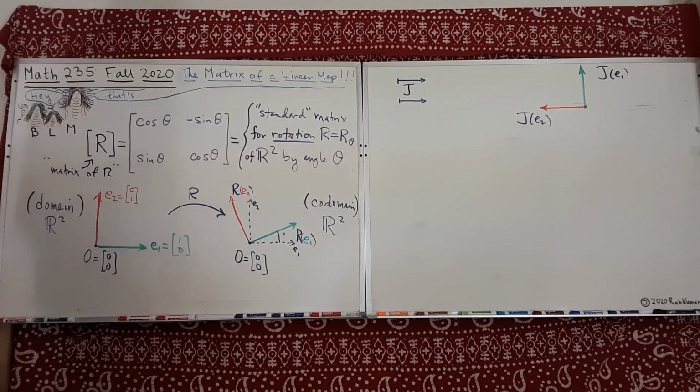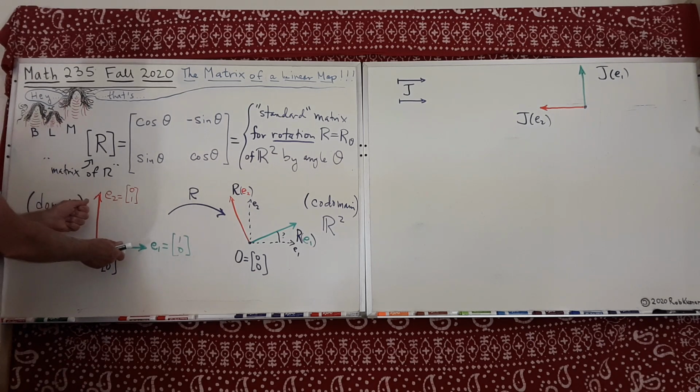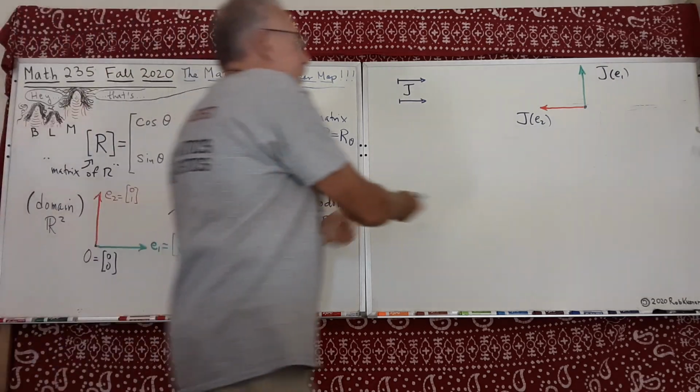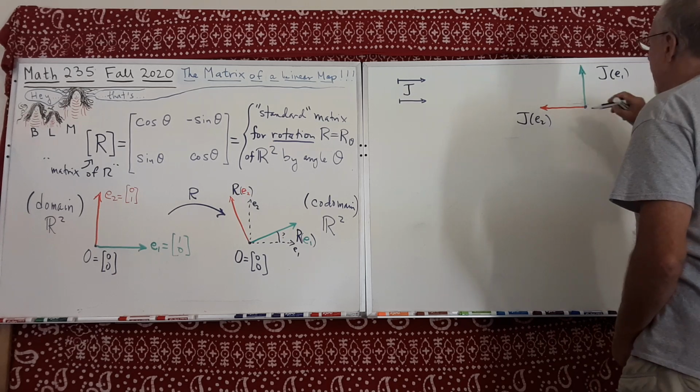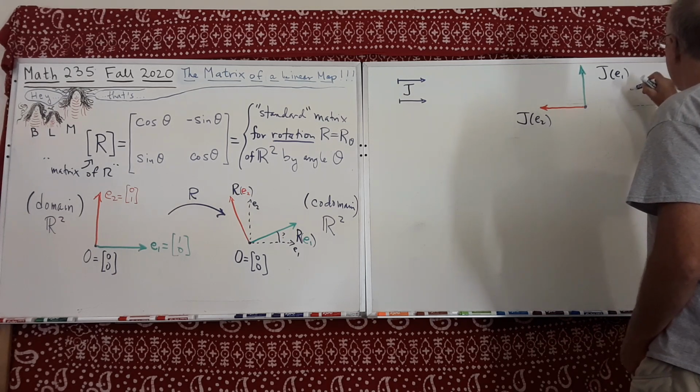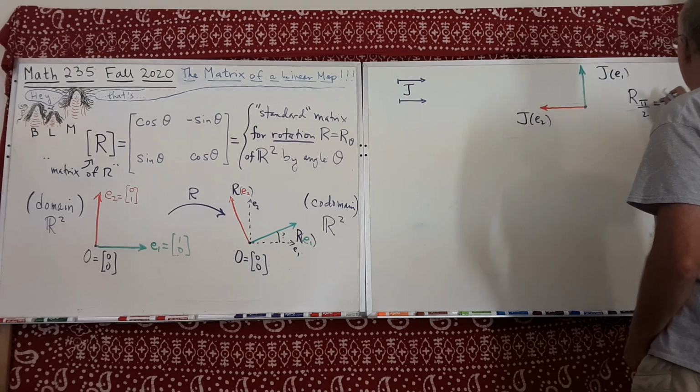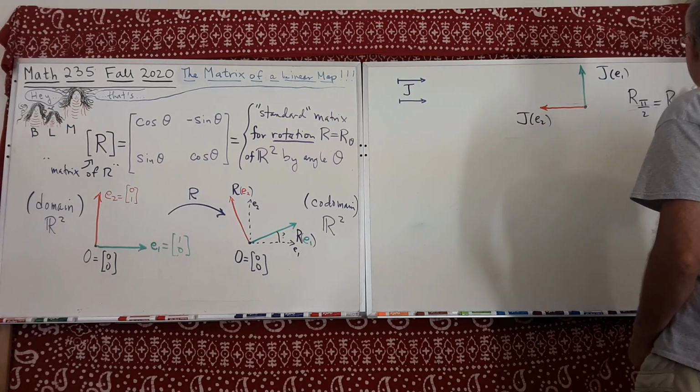Okay, so what did that map do? Well, it took this, let me call this a frame, and it rotated it counterclockwise by an angle. What was the angle? The angle here, this is R pi over 2, or R 90 degrees.